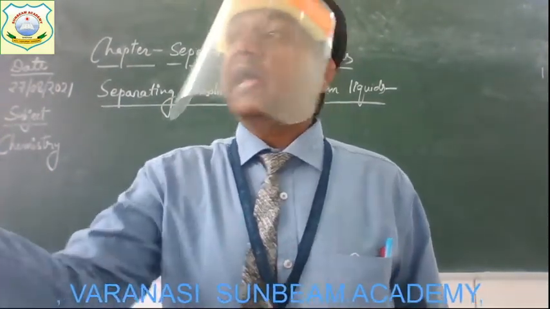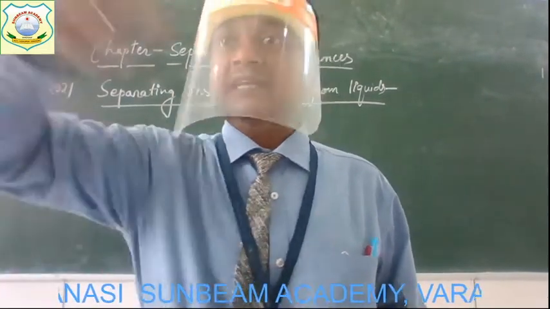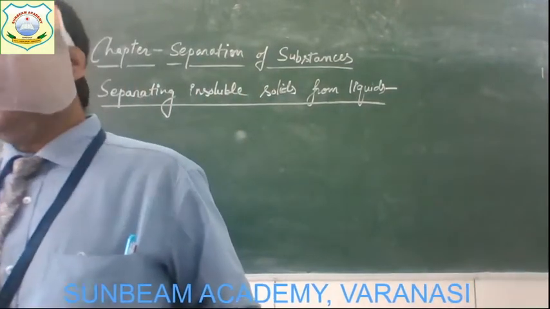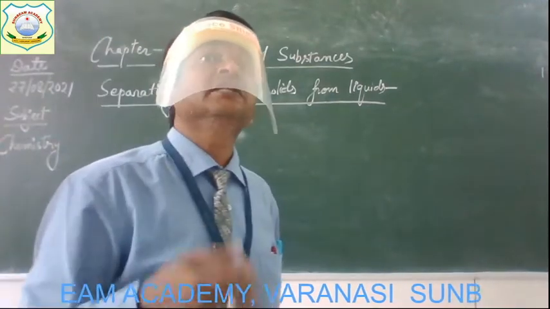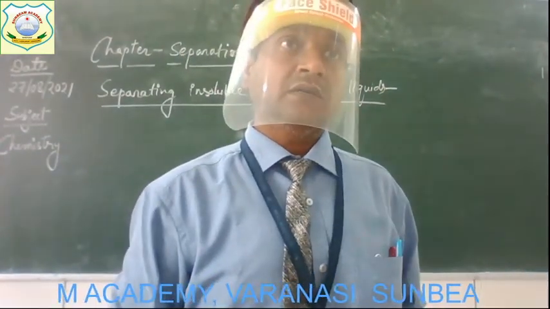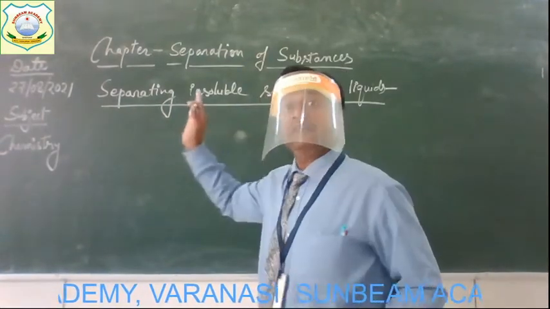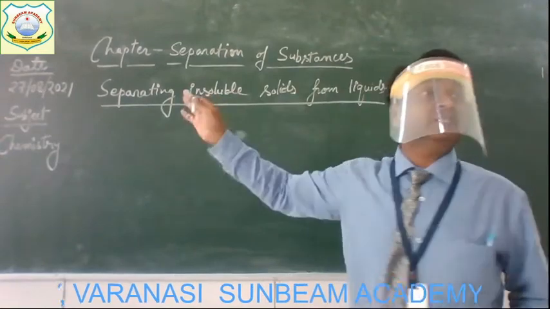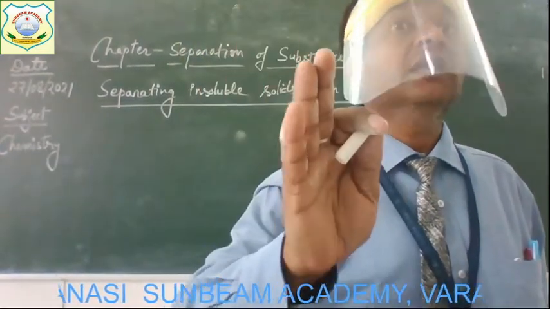Alright? If we put a handful of sand in a glass of water and stir it with a spoon, what will happen? Will the sand get dissolved? No. So we can say that sand is also insoluble in water. Get it? So here we will discuss the different methods which are used to separate insoluble solids, the solids which are not soluble in liquid.